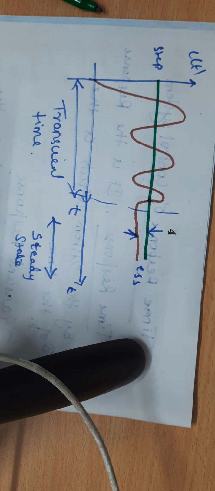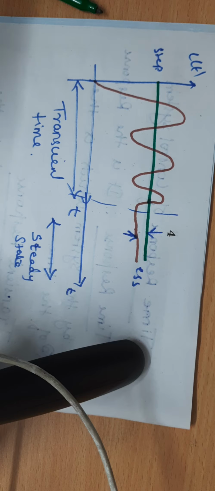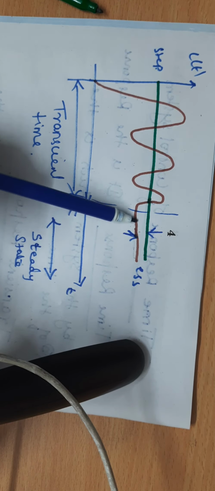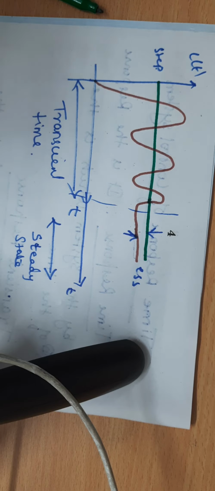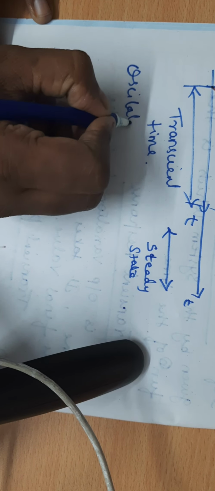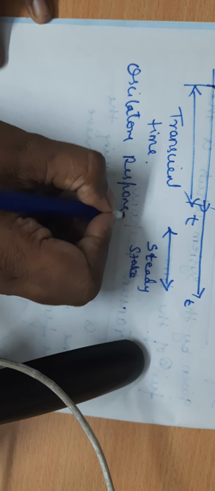This is a step input. That is my reference input. This is all about steady state response. We are going to see how much time it is going to take for the system to become stable. This is about oscillatory wave. Whatever we have studied, this wave is called as oscillatory response or oscillatory waveform.